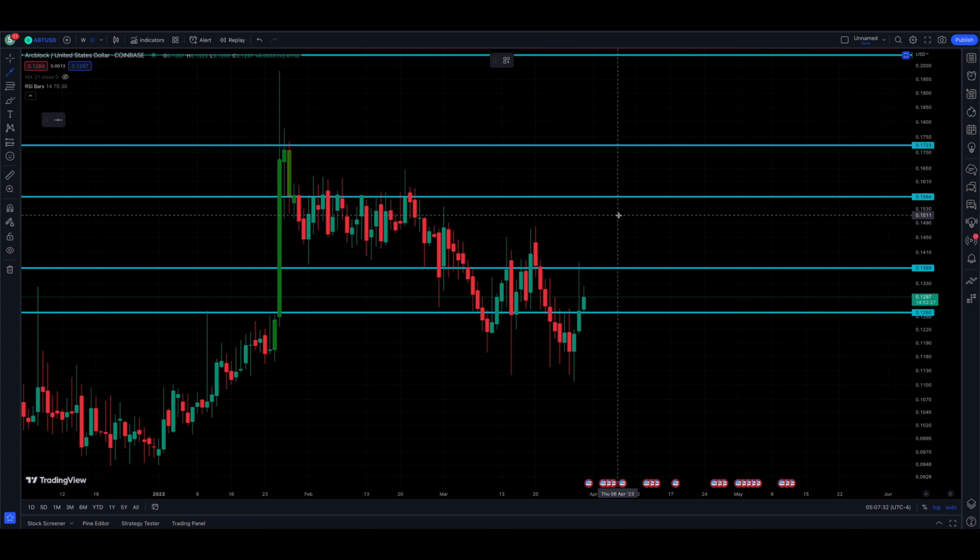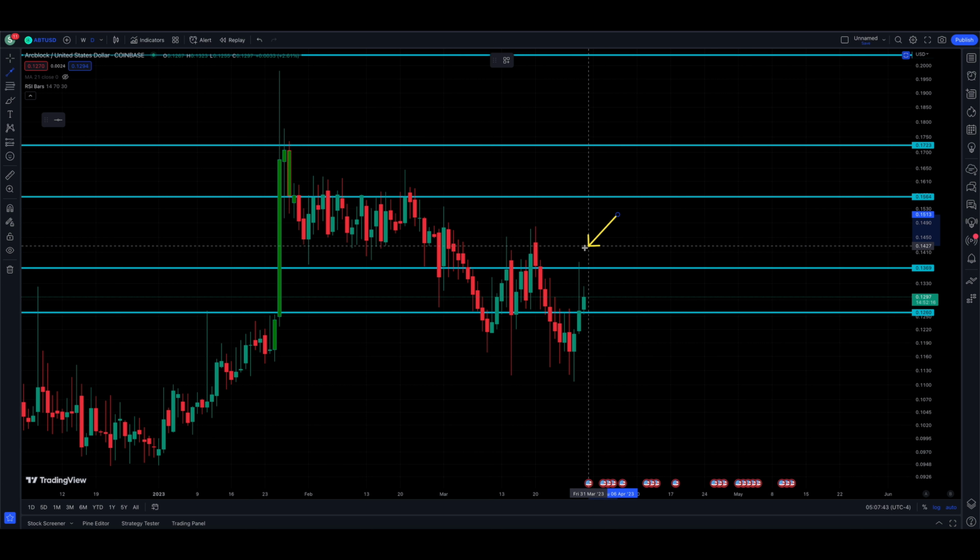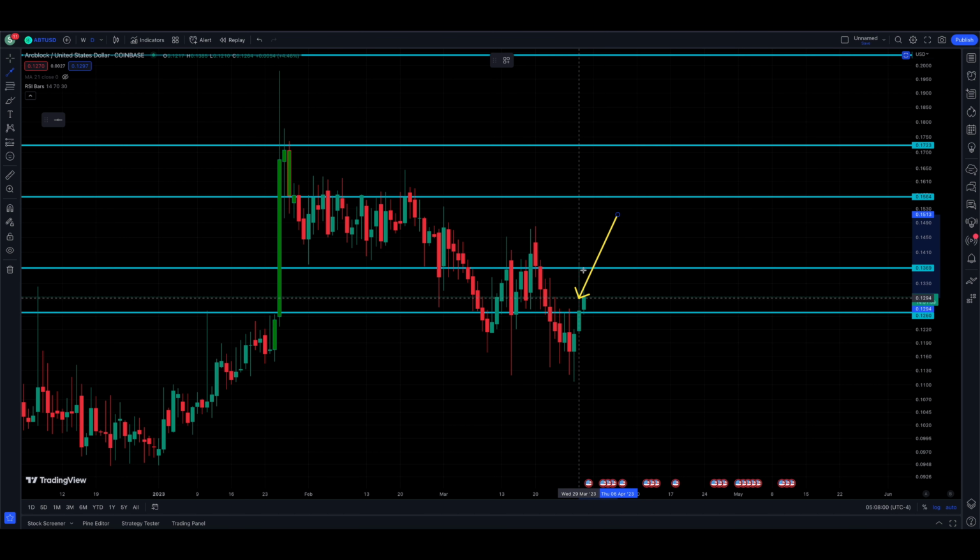You can think of it as a ceiling above the market that price bounces up to, hits its head, and gets pushed back in the opposite direction, which is right here on the chart, the 29th of March. The price traded up to a high of 1385. So we went higher than our 69, but our 69 was valid and pushed the price back down. So that is overhead resistance.